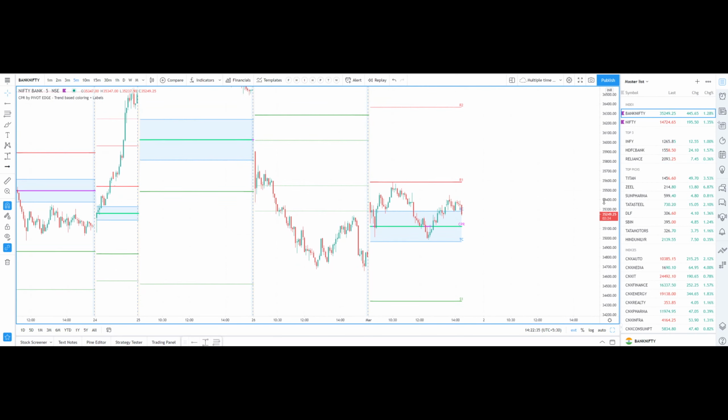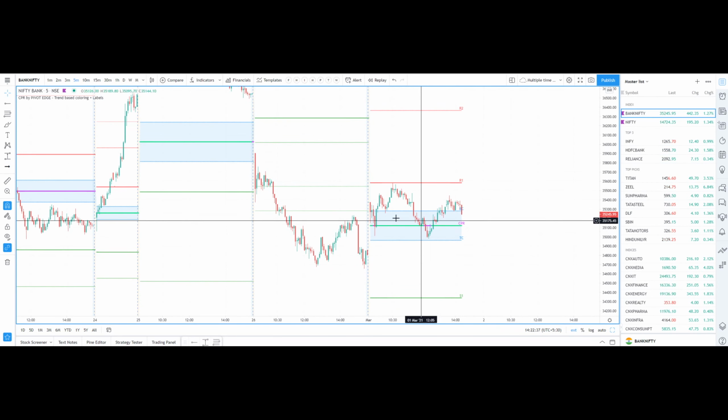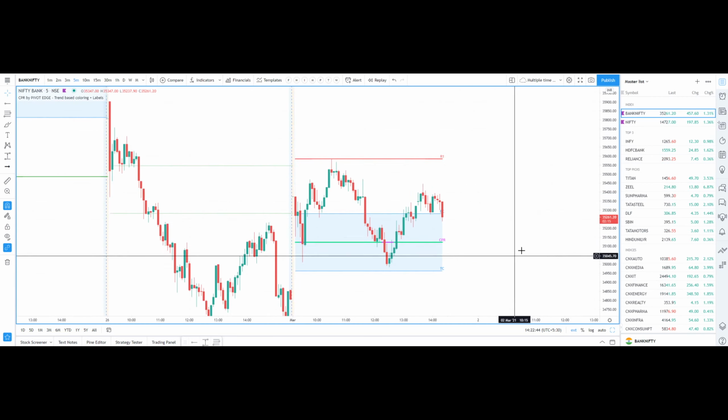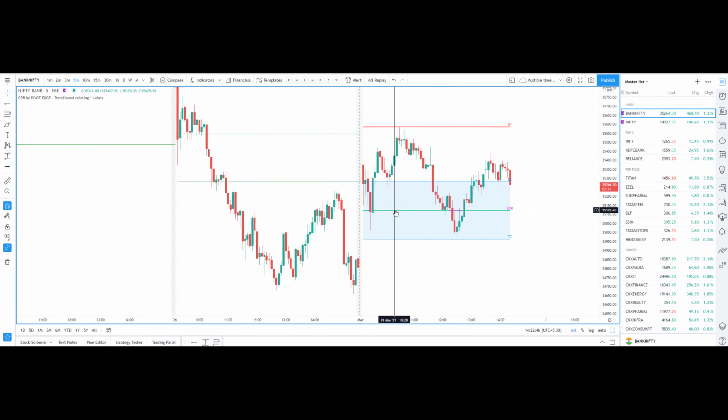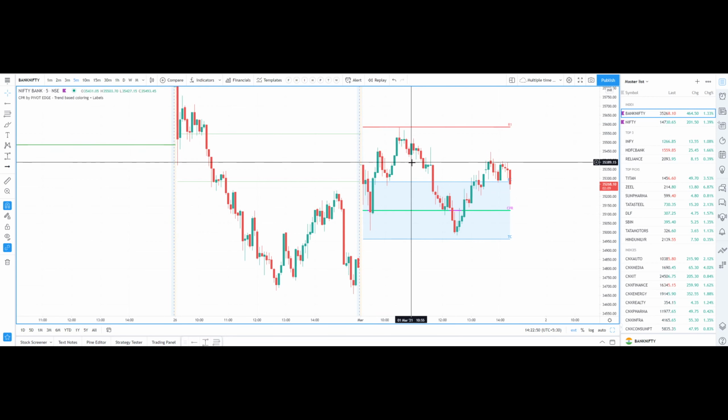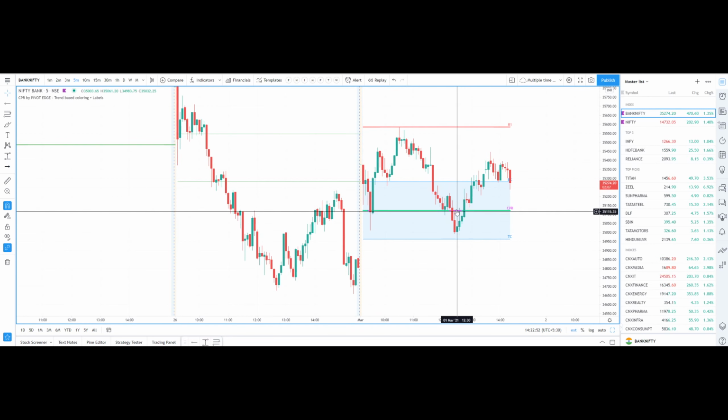Okay. Now the same type of color coding I have done for this central pivot range, the pivot, also. Here if you observe, this pivot is green whenever the market is up and the trend is bullish, and it will turn pink whenever the trend changes and it is bearish.